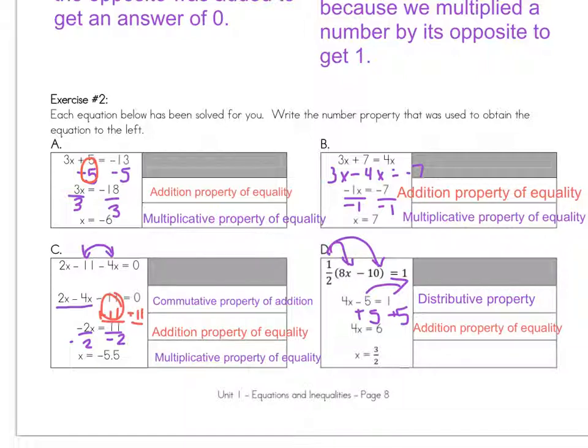And last but certainly not least, we needed to get x alone. So we divide both sides by 4, and we end up with x is equal to 6/4, but that actually simplifies to 3/2. But more importantly, what number property was this? The multiplicative property of equality.